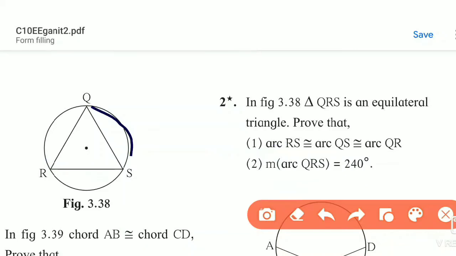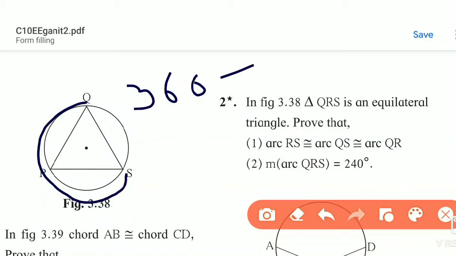So if you see in the figure, this is QR. The measure of the whole circle is how much? 360. If this angle is 60, then its arc measure is double of it, that is 120. And this measure is also 120.